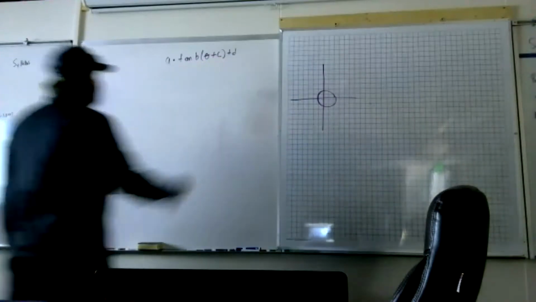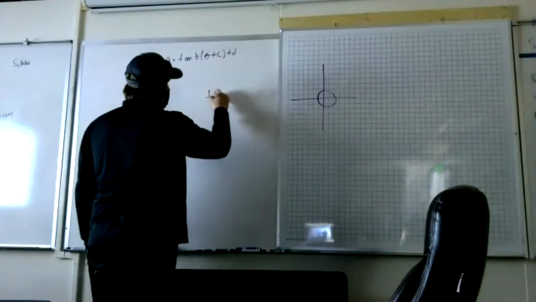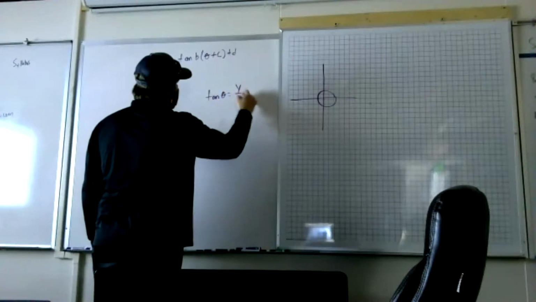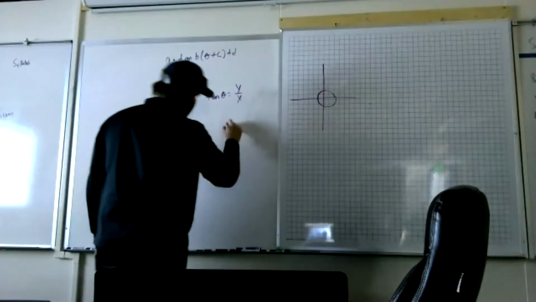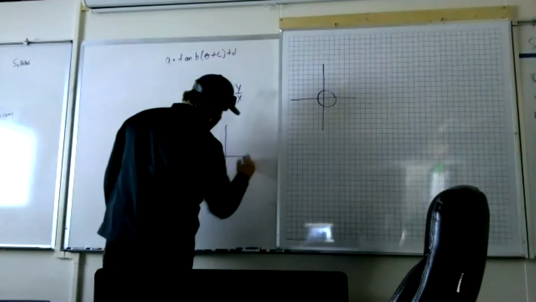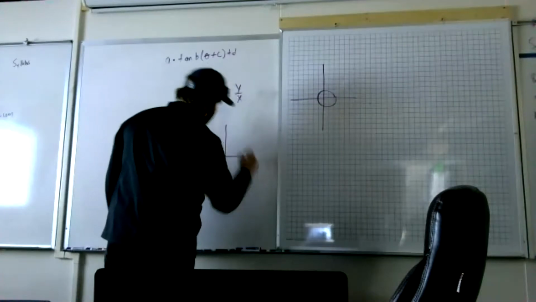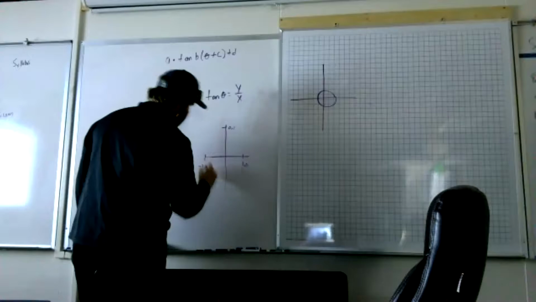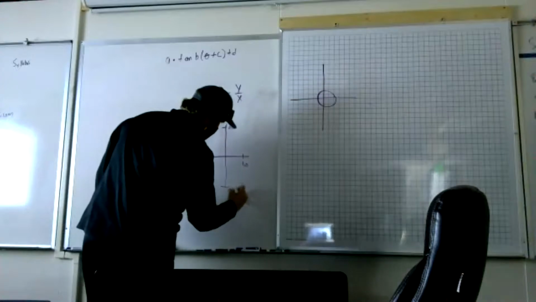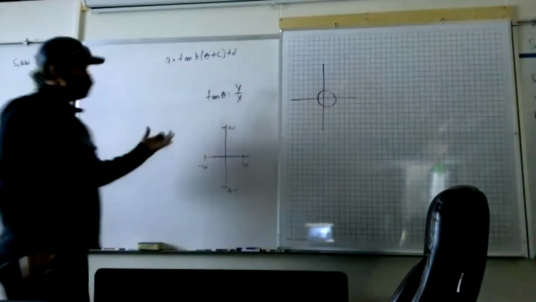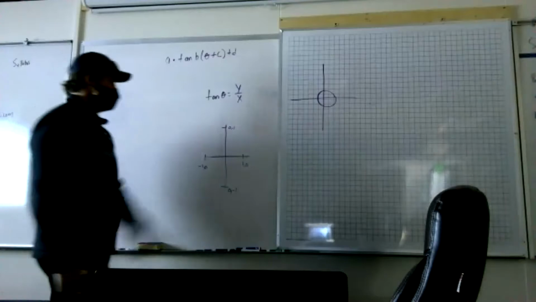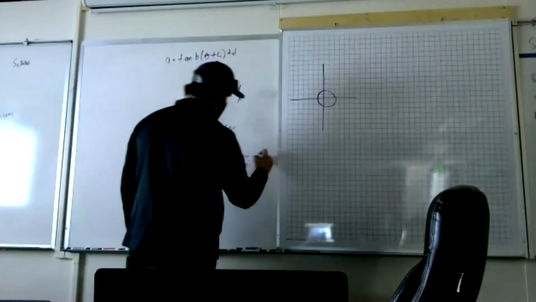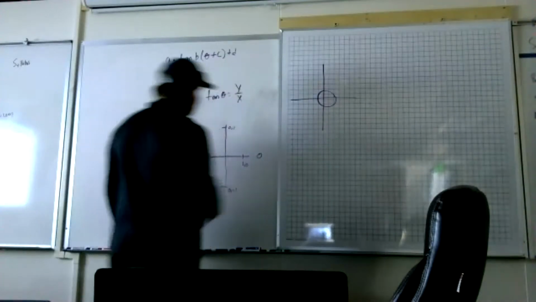But tangent of theta is found by taking y over x. So if I draw my little quadrants again, points 1, 0, 0, 1, negative 1, 0, 0, negative 1. Where is y over x? Here we have an x value of 1 and a y value of 0, so tangent of theta would be 0 here.